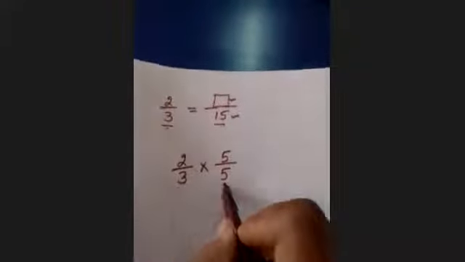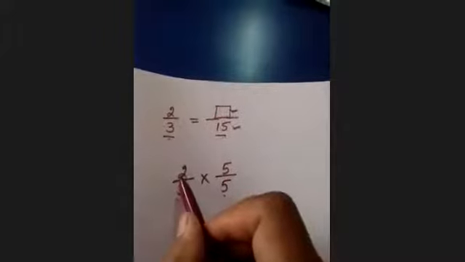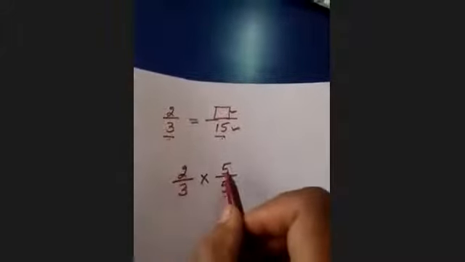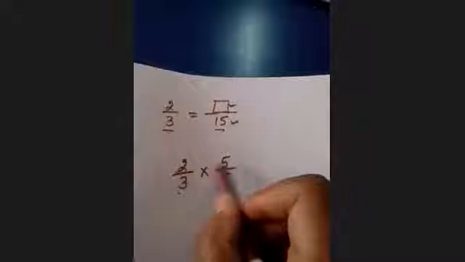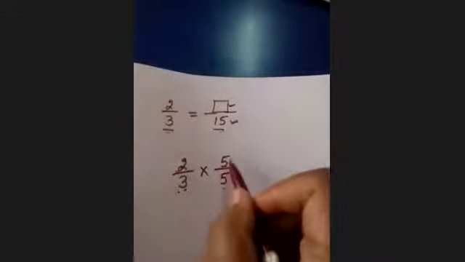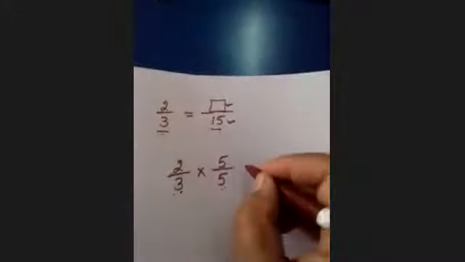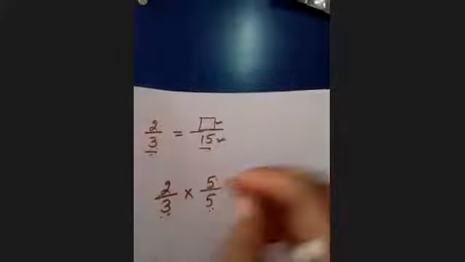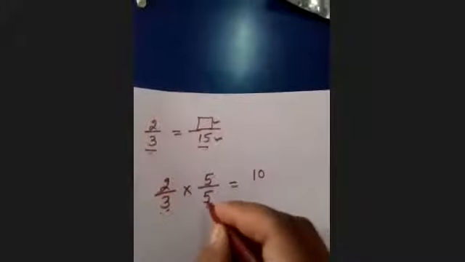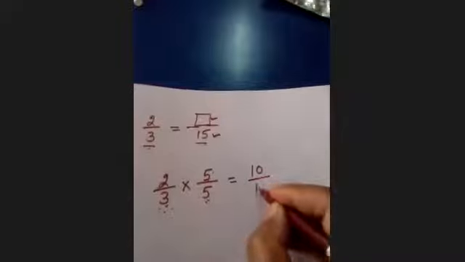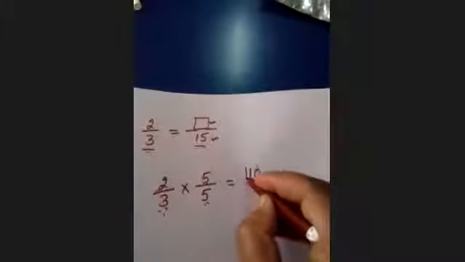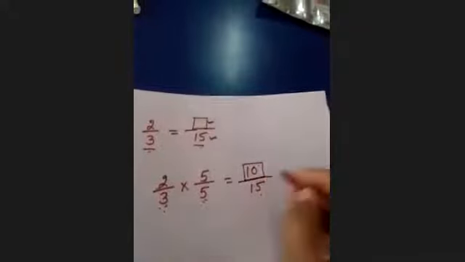If we multiply the denominator by 5, then we will also multiply the numerator by 5. Now 5 2s are 10 and 3 5s are 15. So our answer is 10 upon 15.